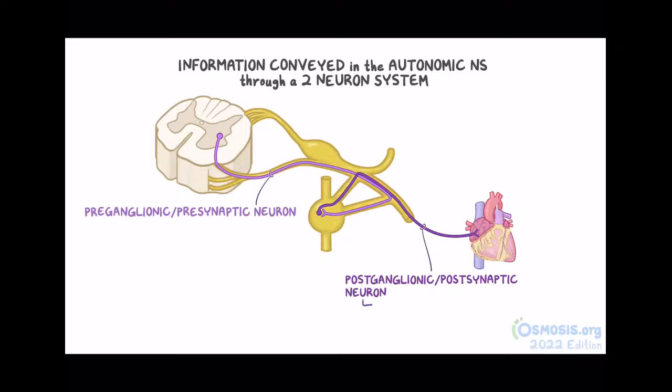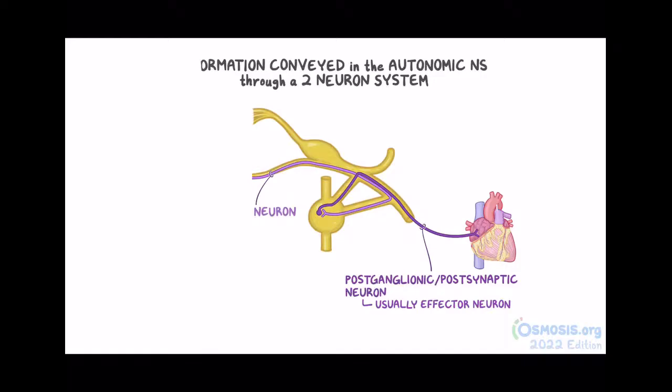This second neuron is usually the effector neuron, meaning that it then directly synapses on the organ that it acts on. Now, there are other differences between the sympathetic or parasympathetic divisions of the ANS, based on the locations of the preganglionic neuron cell bodies and the route that the pre- and postganglionic neurons take to reach their effector organs.